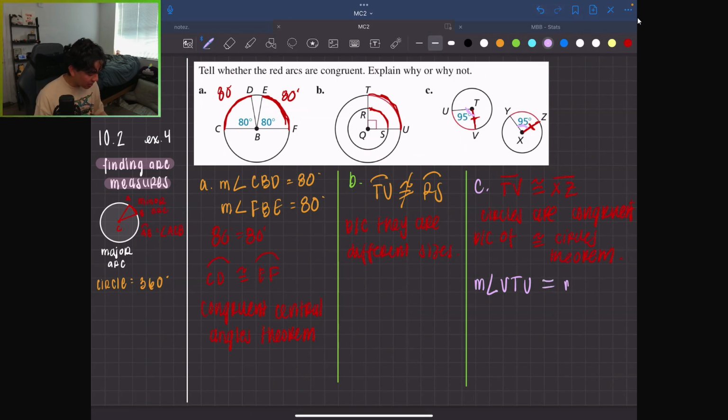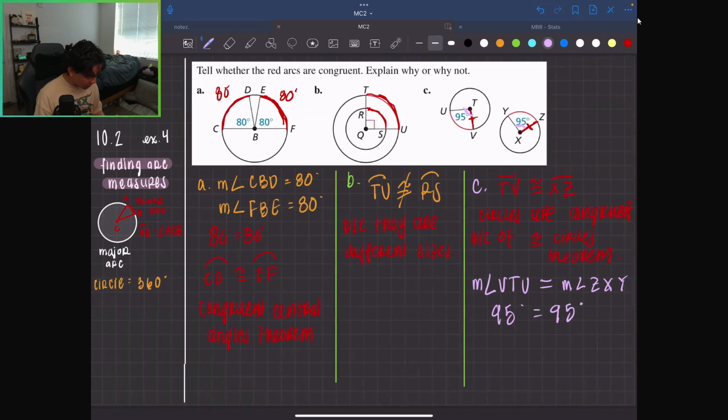I want to be precise here. The measure of angle VTU equals the measure of angle ZXY. Always make it corresponding, right? If this is 95 degrees and it equals 95 degrees, then they are congruent.